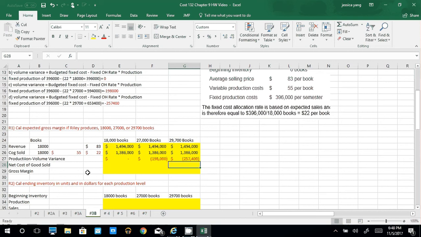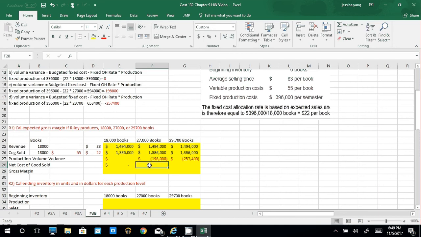Now moving on to find gross margin, to find the net cost of goods sold, I would bring my cost of goods sold and subtract the production volume variances. For the 18,000 books, because there is nothing there, I can just put a 0 and bring the cost of goods sold down.